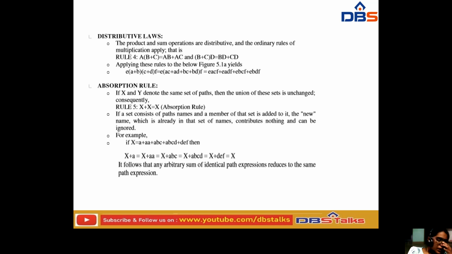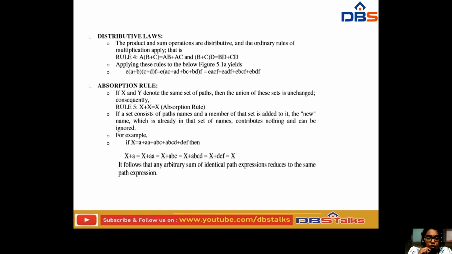If you look into the distributive laws, the product and the sum operations are distributive, and the ordinary rules of multiplication apply. That is, a into b plus c is equal to ab plus ac, and b plus c into d is equal to bd plus cd.